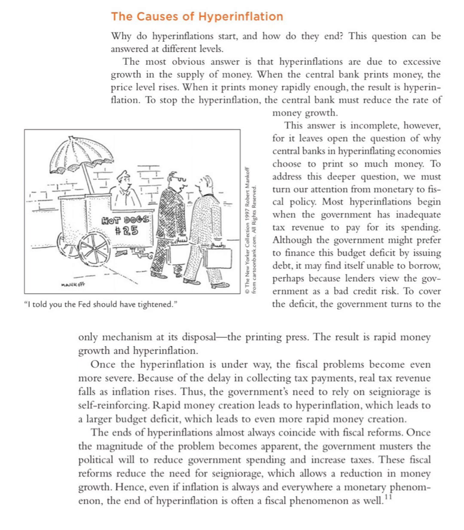So what caused hyperinflation? Let's try to judge and identify which cause the recent real cases belong to. The first, which is the most obvious answer, is that hyperinflation is due to excessive growth in the supply of money. Why?